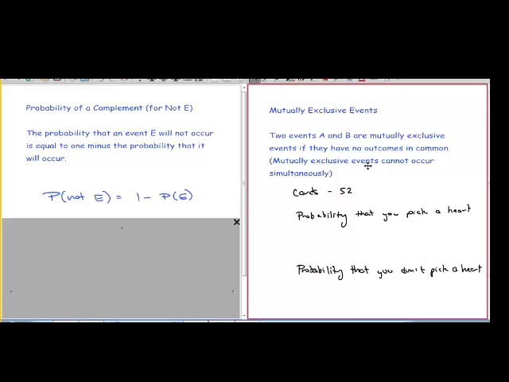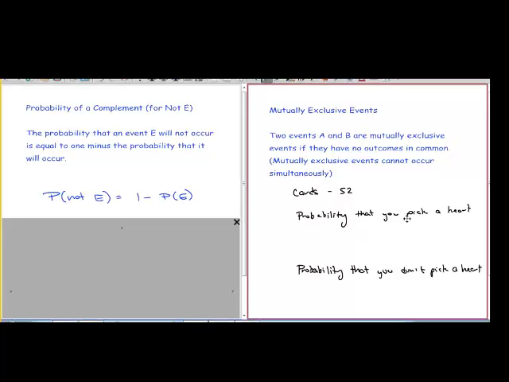So I think I'm using this example as, say you have 52 cards, and you can look at the probability that you pick a heart or the probability that you don't pick a heart. And I think these would be considered to be mutually exclusive events, because you can't pick a heart at the same time as not picking a heart if you're just talking about one particular event.